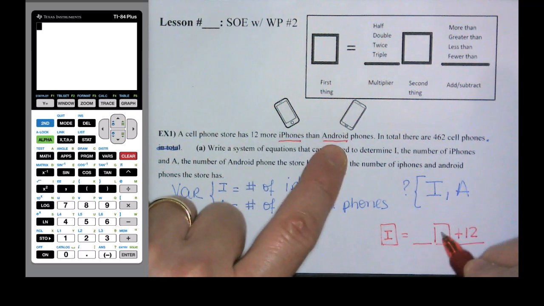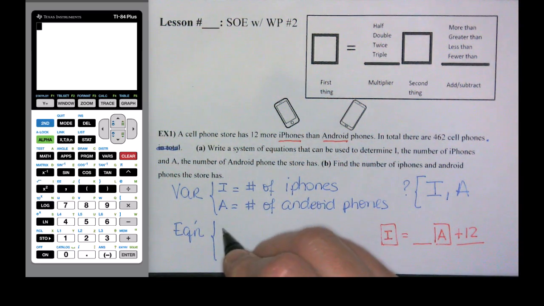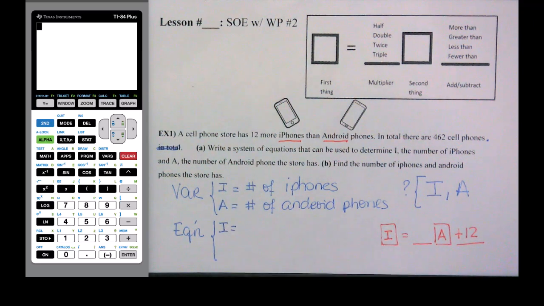And the second variable is Android. So in this particular problem, we don't have a multiplier, but we do have something that is being added, which is 12. So the number of iPhones is 12 more than the Android phones. So therefore, that's my first equation that I'm going to put right here.